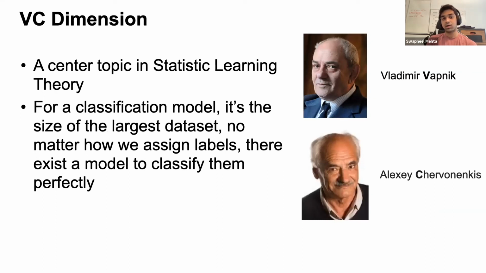I should talk a bit about the VC dimension. Vapnik and Chervonenkis were two super smart scientists who came up with this idea of shattering, and this is the same shattering that I was talking about before. So they said that the VC dimension is the size of the smallest data set that is not shatterable by this model.